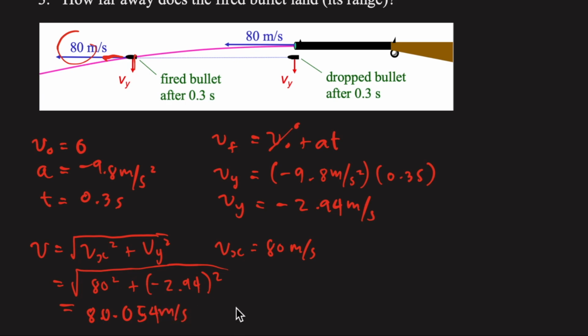The direction of this is tangent to the path, or the trajectory. This is our answer for v, the final velocity after 0.3 seconds of the bullet that is fired.